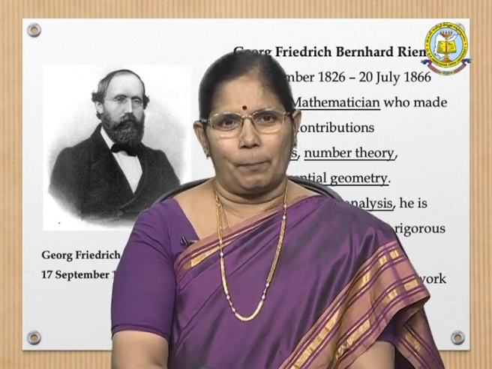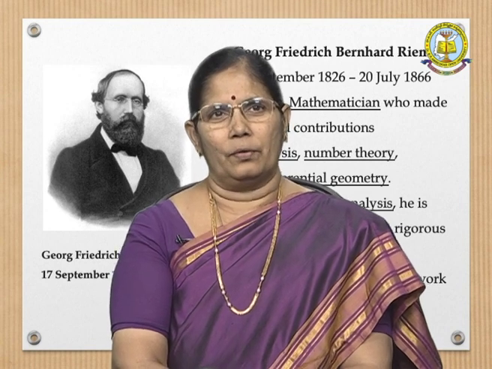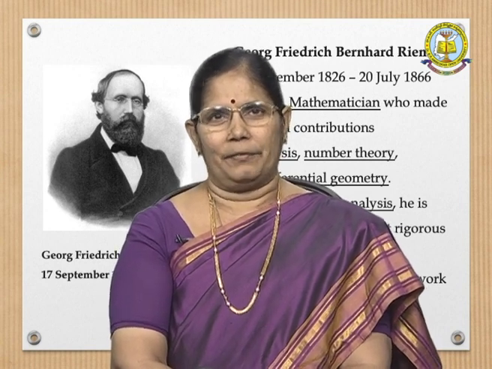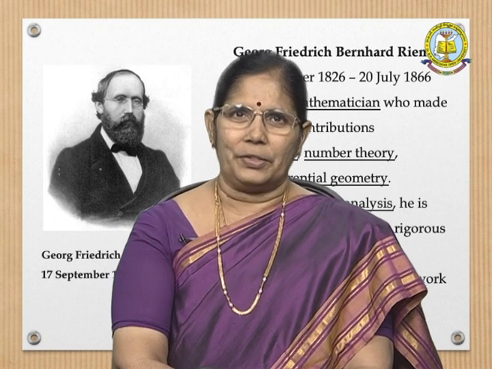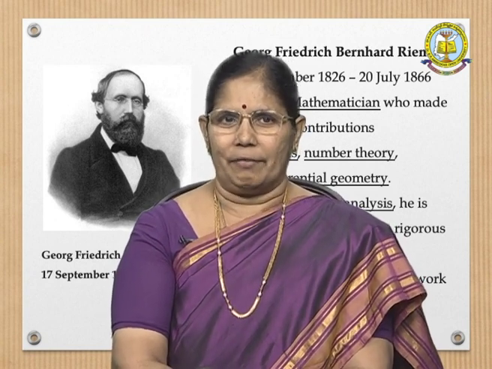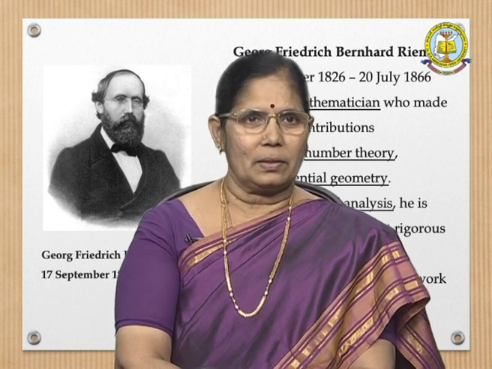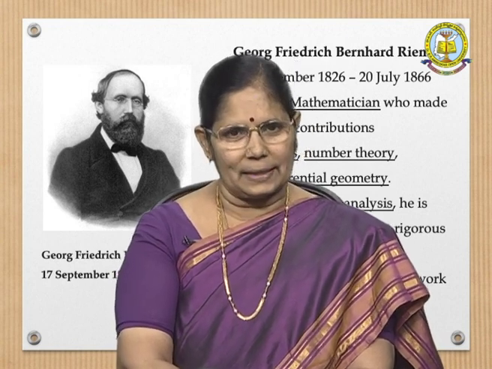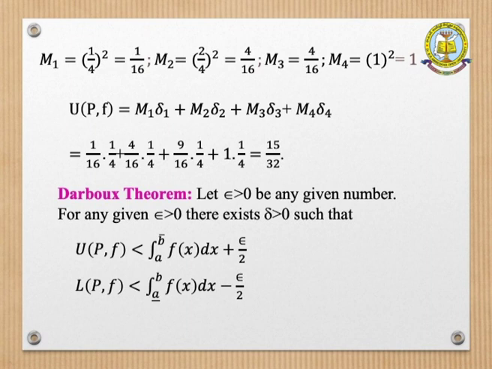So, keeping these points, before going to prove the necessary and sufficient condition for a function to be Riemann integrable, we are going to state one theorem called Darboux theorem. What does it say? Suppose epsilon greater than 0 is given, any positive number.